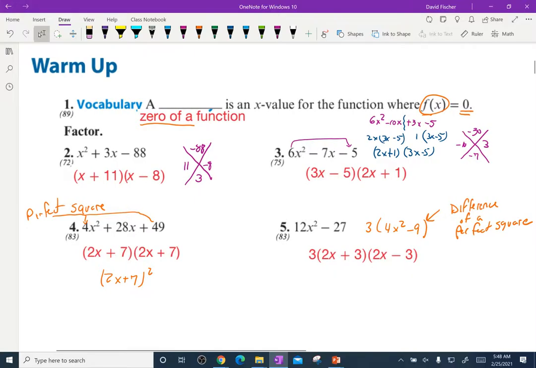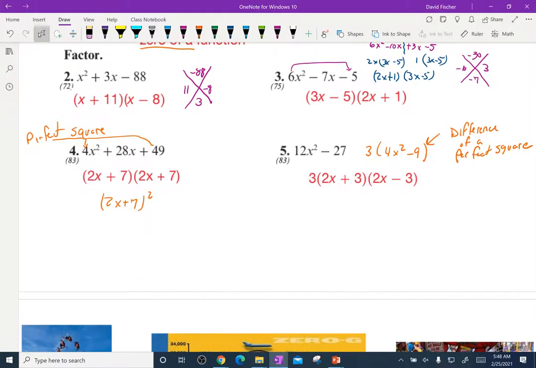I'm hoping that you recognized that this was a perfect square down here. And we should always look all the way across first, like on number 5. Is it in order? Yes. And can we factor anything out? I factored out a 3 right off the bat, and that gave me 4x squared minus 9.